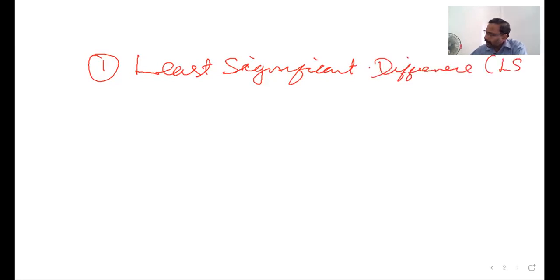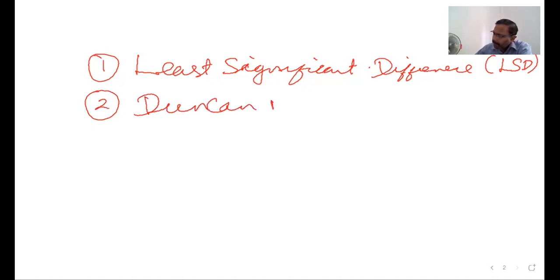It's called LSD, not the Latin square design. This is least significant difference. This is one method. The second method is called the Duncan method. We will learn all these in another theory class.